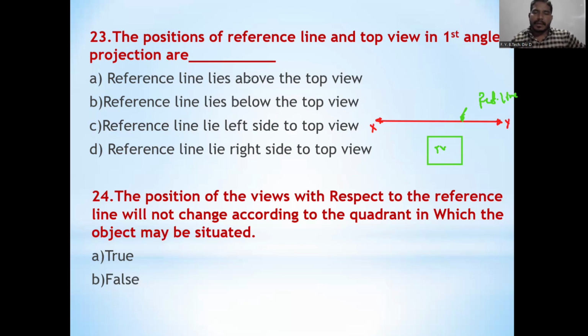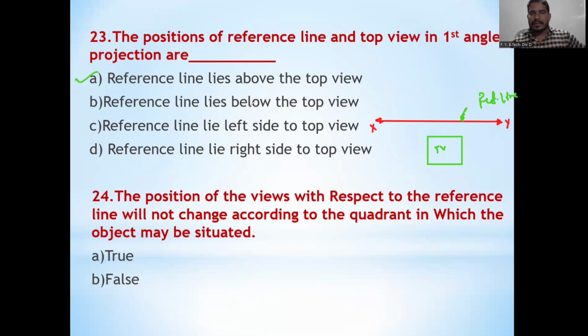Reference line lies above the top view. So this is the reference line. Is it correct or not? We'll check. Here it is above the top view. This first option is correct, because this reference line is above the top view. We'll check out the other ones.